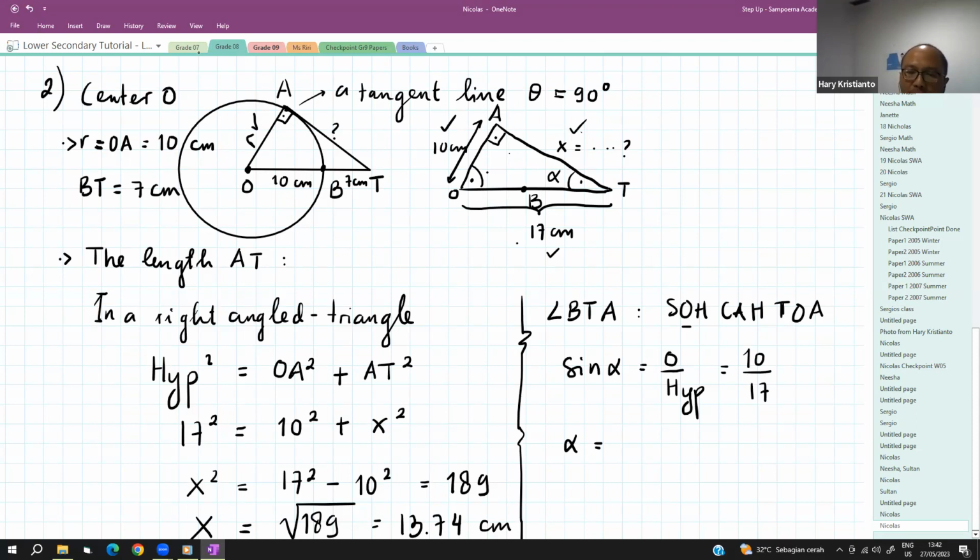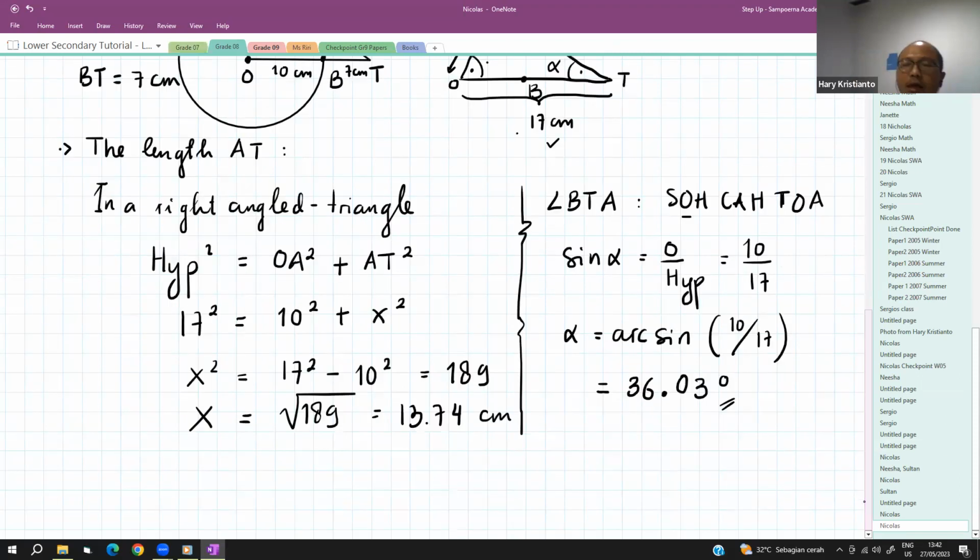Therefore, alpha equals arcsine of 10 over 17, which is 36.03 degrees.